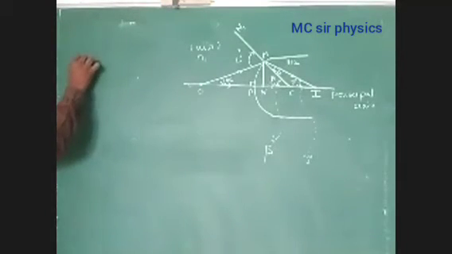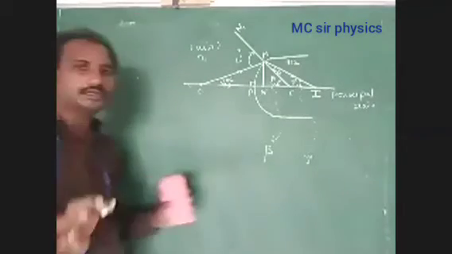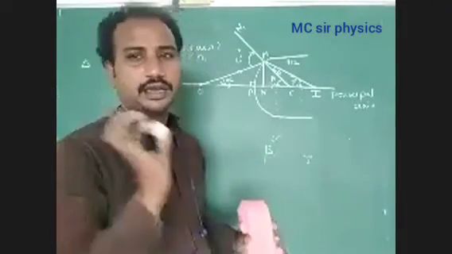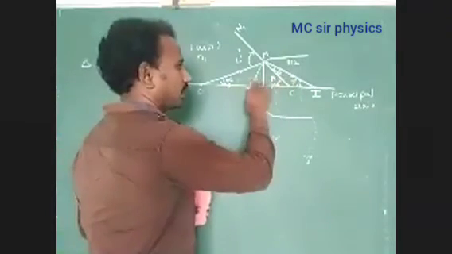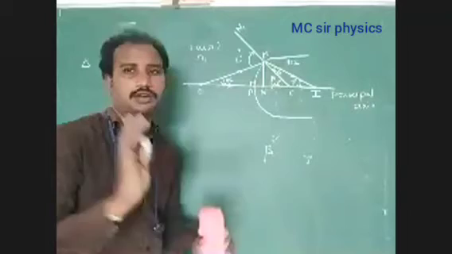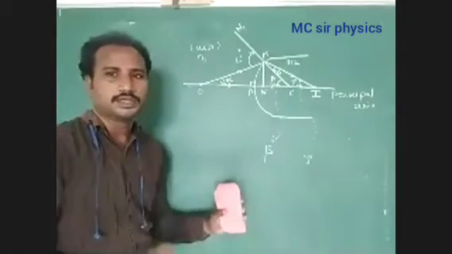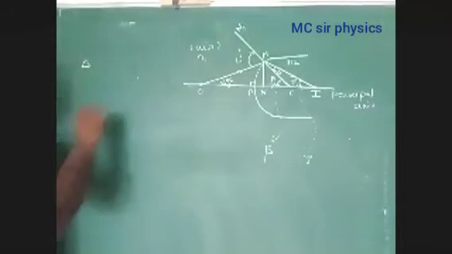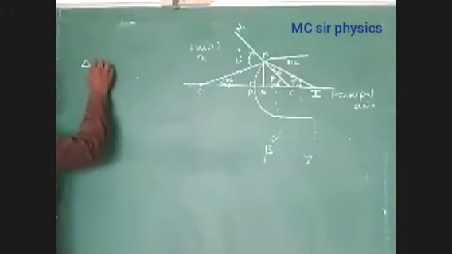Right angle means 90 degrees, so one angle must be 90 degrees. In these three triangles, the opposite side MN is common. Take the right angle triangle ONM.